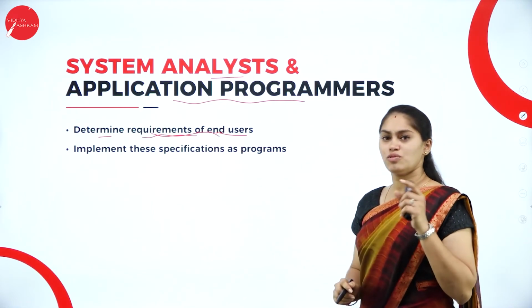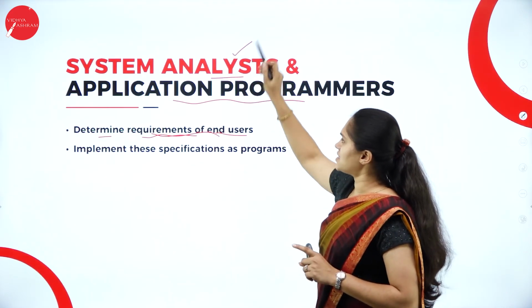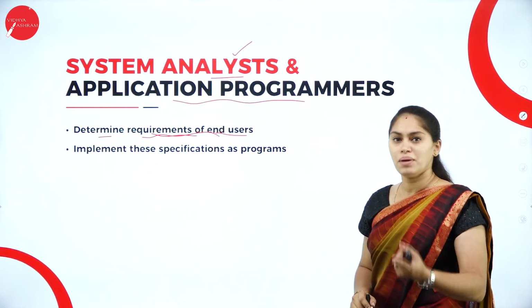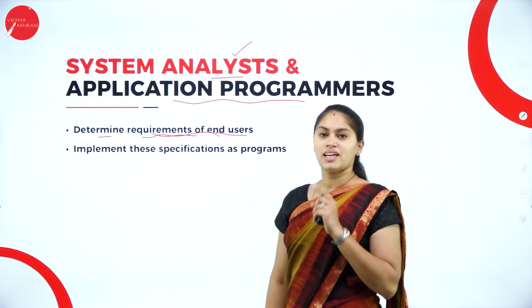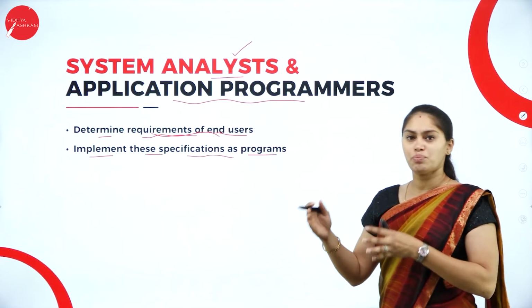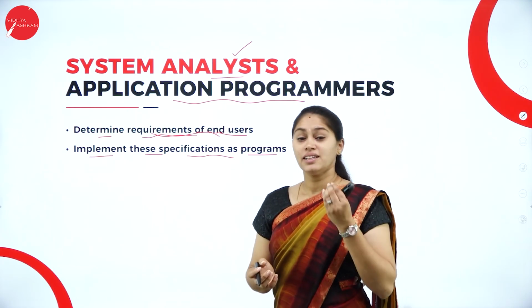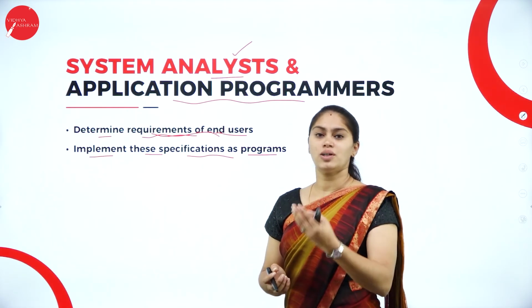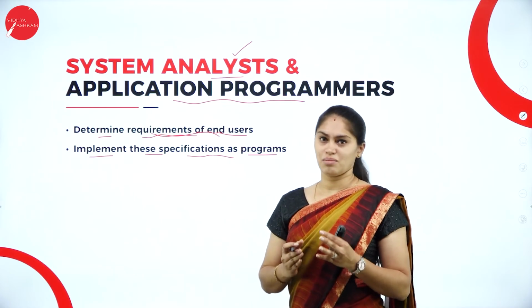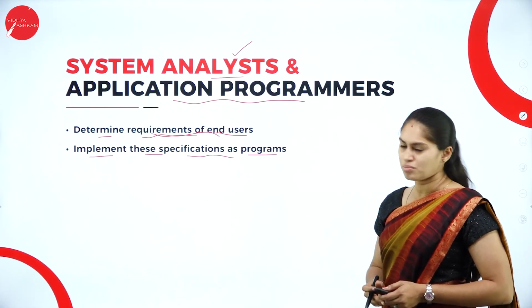The determination of those requirements of an end user is going to be done by the system analyst. Then what will the application programmer do? They are just going to code it. They implement these specifications as programs. That collection of programs will be considered as software, and that software will be used in order to access the content of a database. So this is regarding system analysts and application programmers.